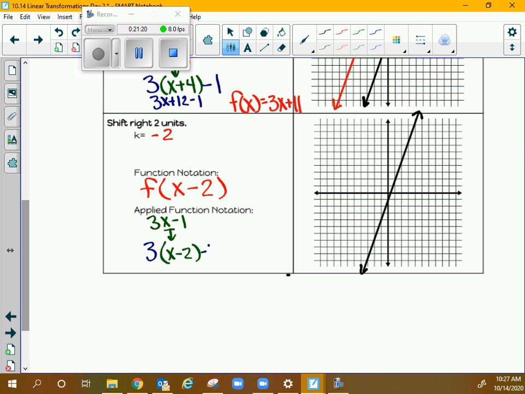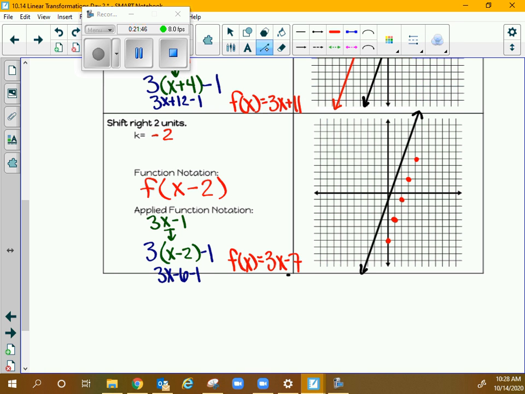Around. Distribute: 3x minus 6 minus 1. So f of x equals 3x minus 7. So if you're going to the right, you subtract, and you go to the left. Correct.